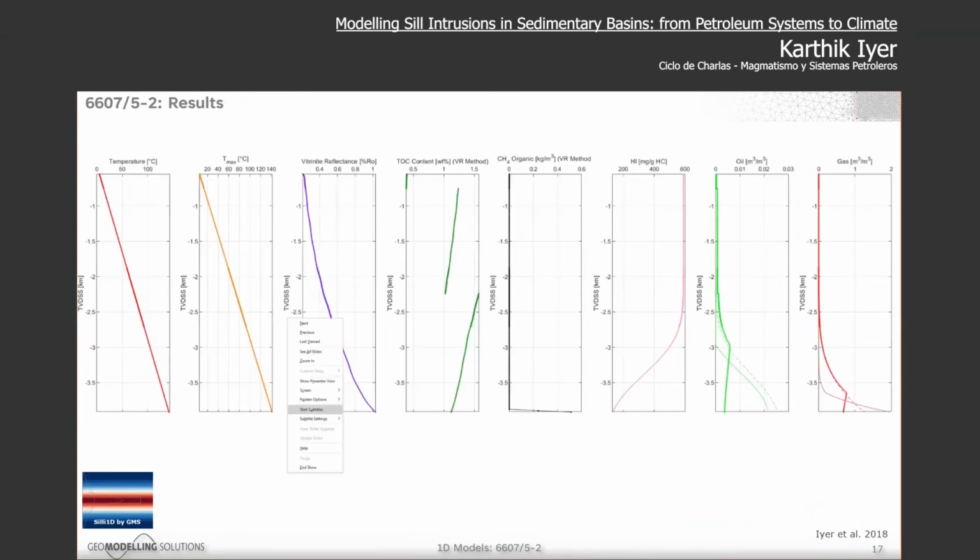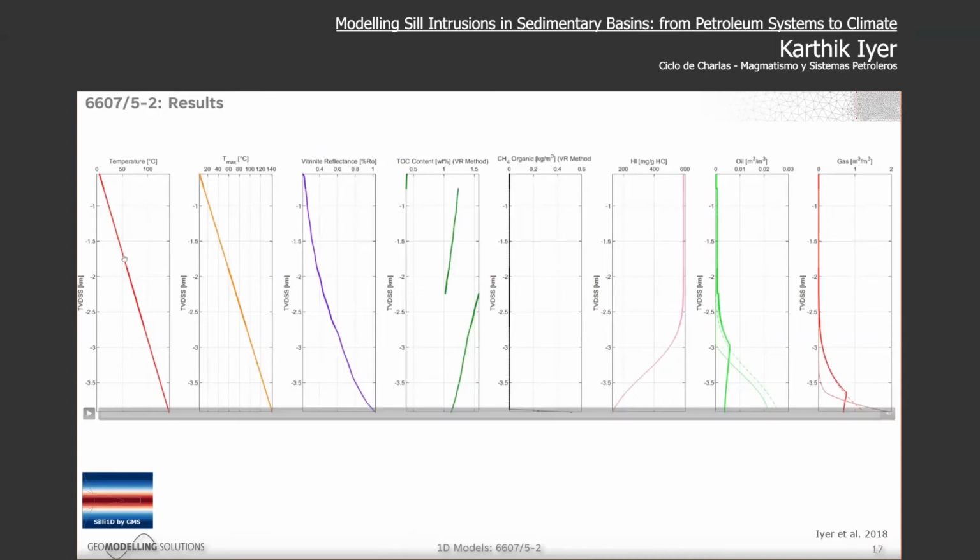I just have to change to the regular pointer now so that I can run this video. And what we're seeing here is the initial state prior to sill emplacement. So what the sill model does, it solves for temperature and vitrinite reflectance, etc., in the system based on a normally subsiding basin.